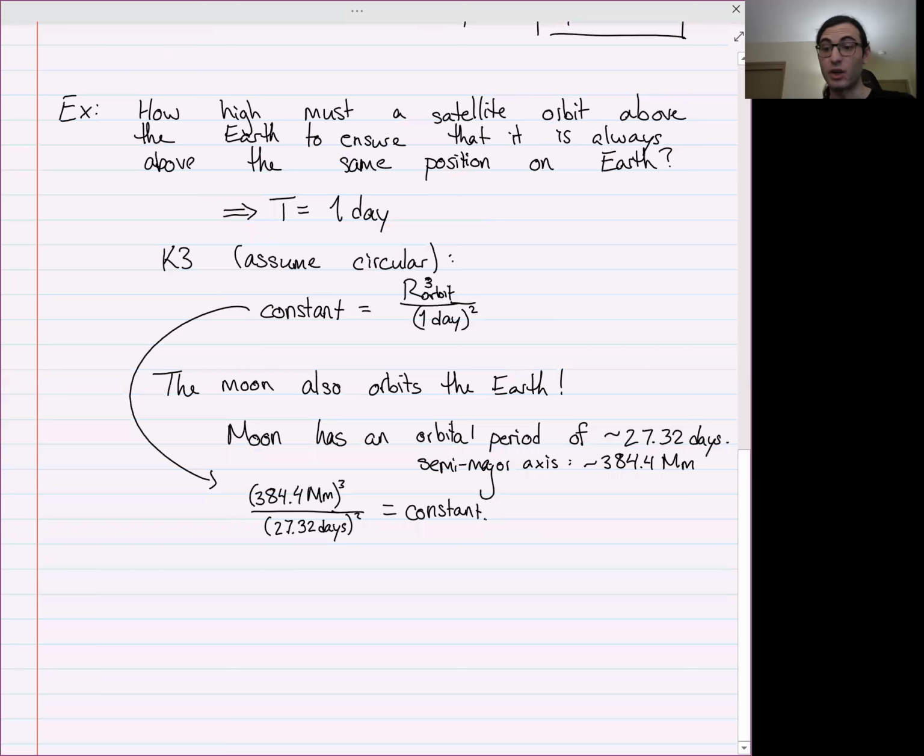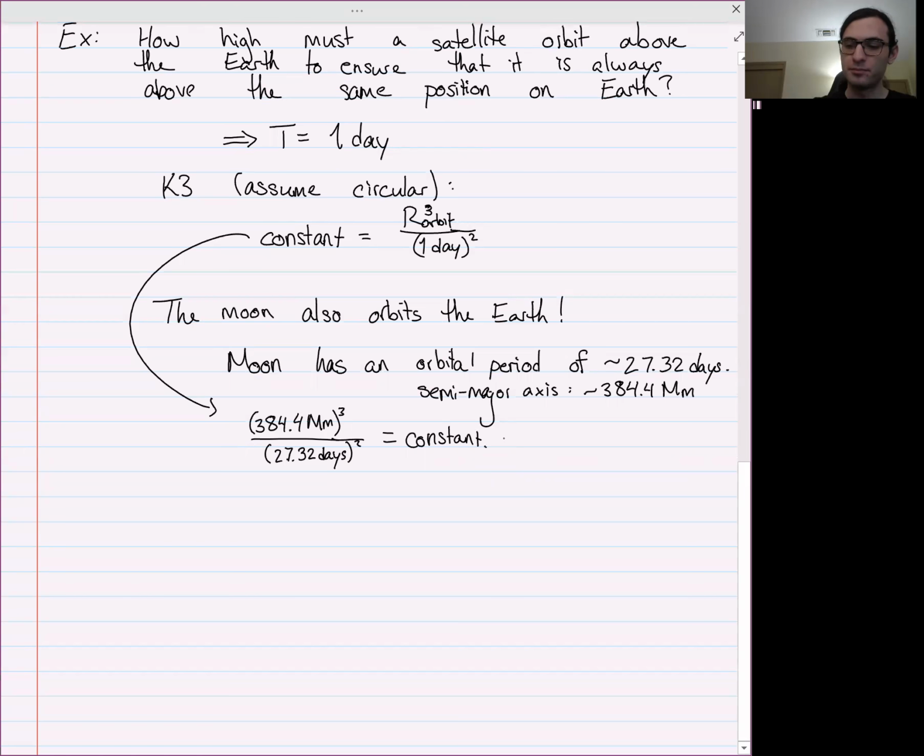And that constant is then going to be equal to the distance that our satellite should be from the center of the Earth cubed divided by 1 square day. It's a weird thing to say. So pulling this in, then we get that this is equal to r cubed, the orbit, divided by 1 day squared. Right, so now we just have some math to do.